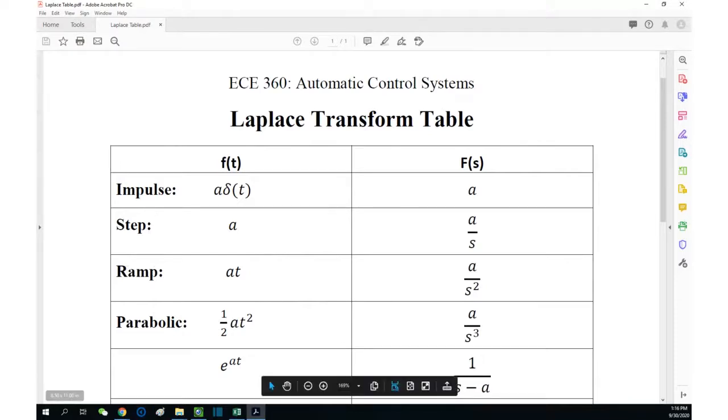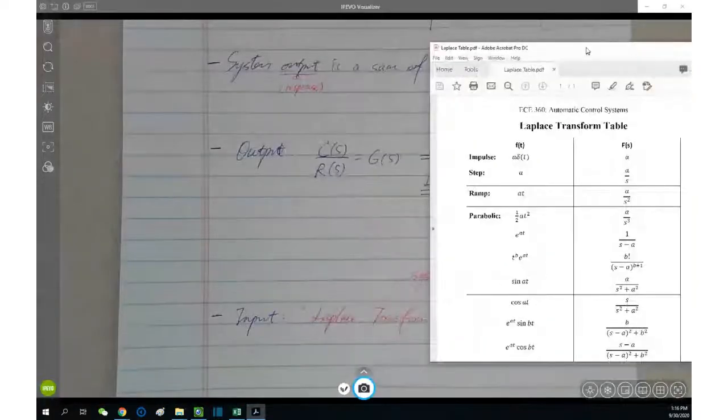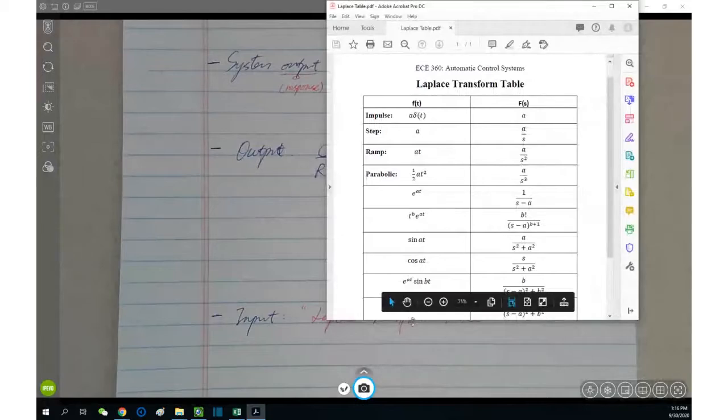Our input signal used in this course is just one of them.